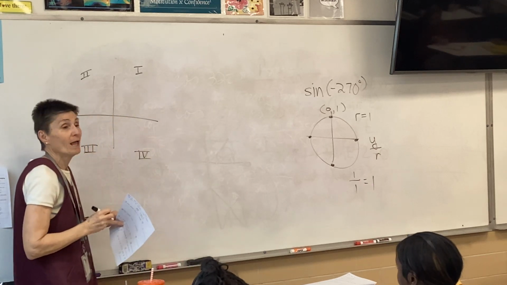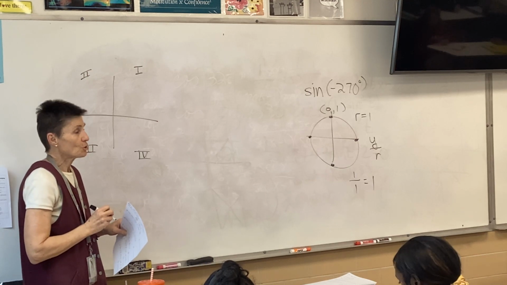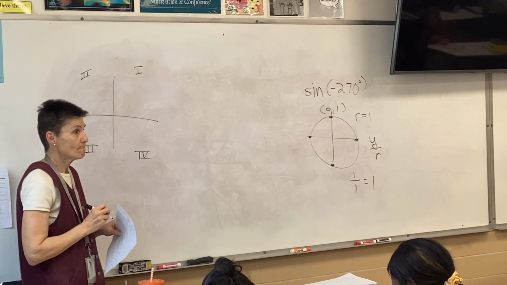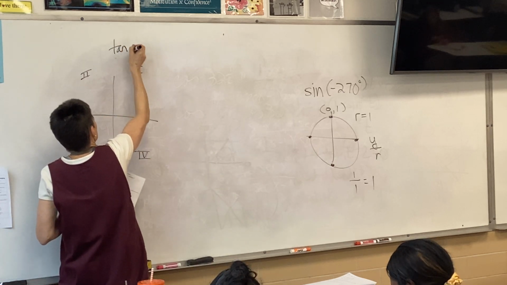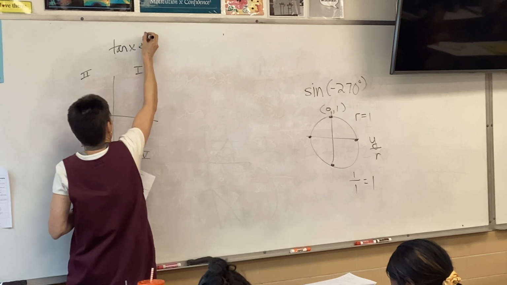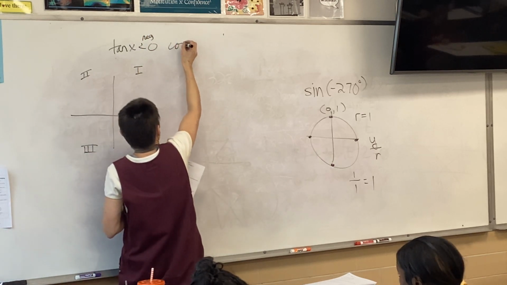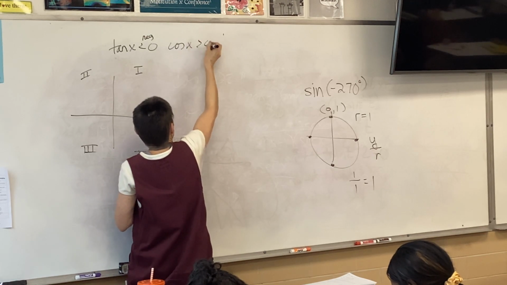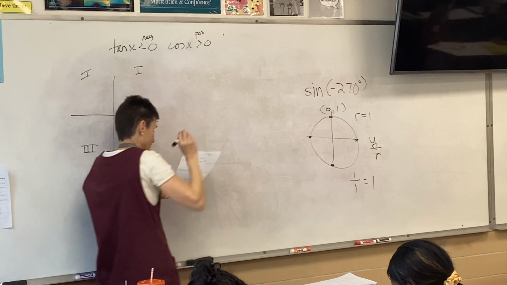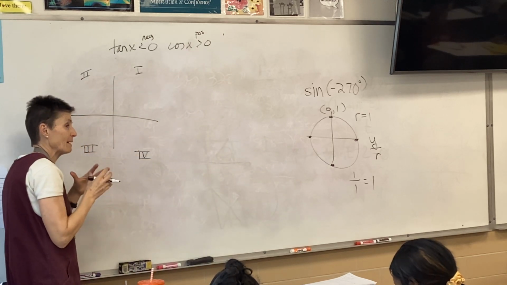If you say bottom left or something like that, I'm taking points off. 1, 2, 3, and 4, okay? Now we want tangent to be negative. Less than 0 means negative. We want tangent to be negative. And we want cosine to be positive. Let's think about that for a second.